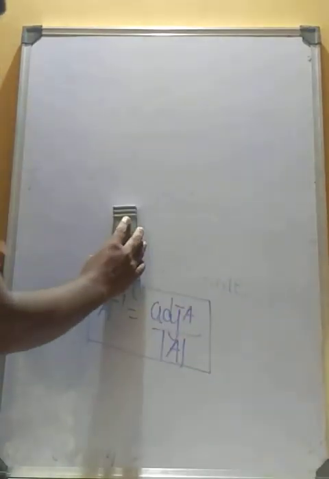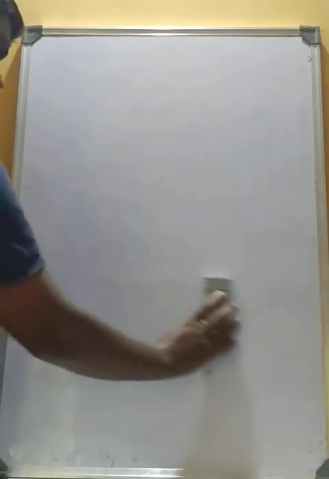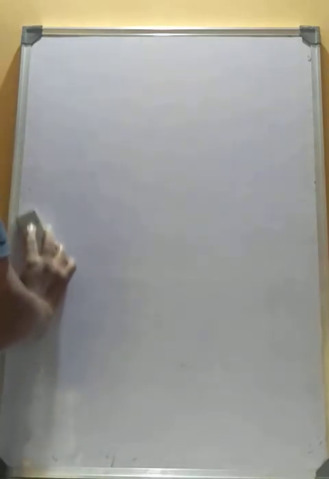So now, using the A inverse formula, adjoint A by determinant of A, find the inverse of matrix A. Example 1.